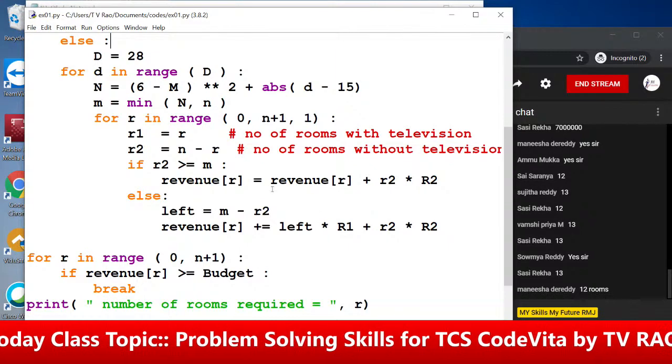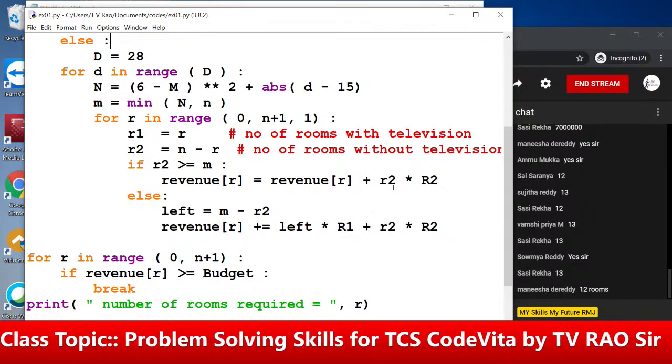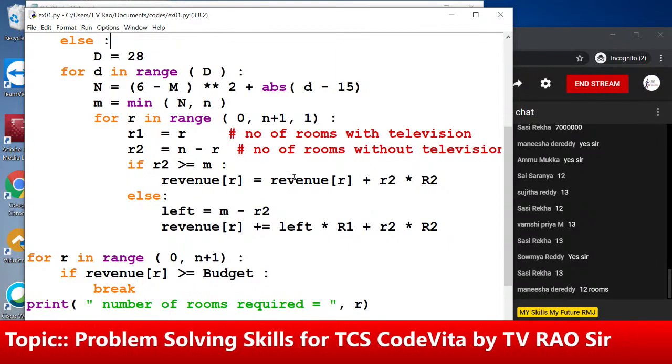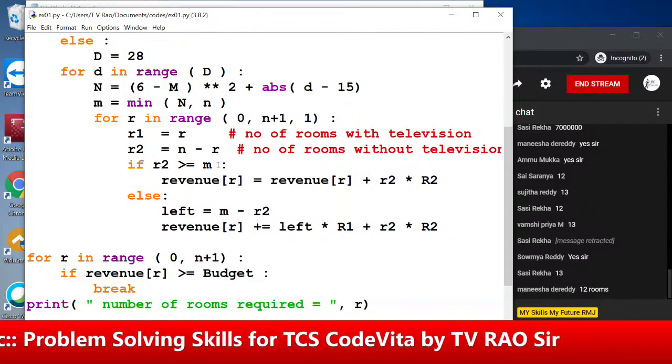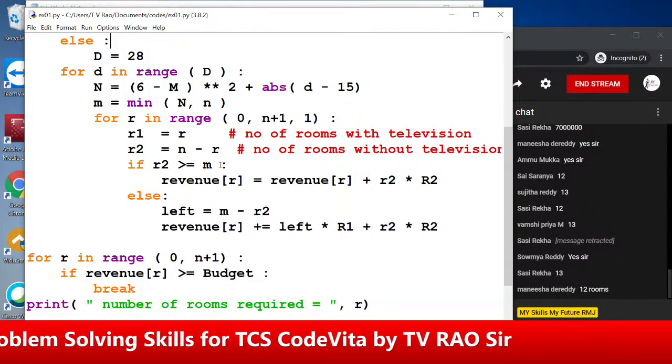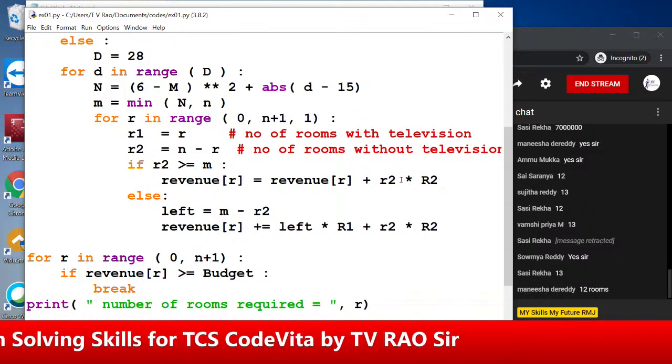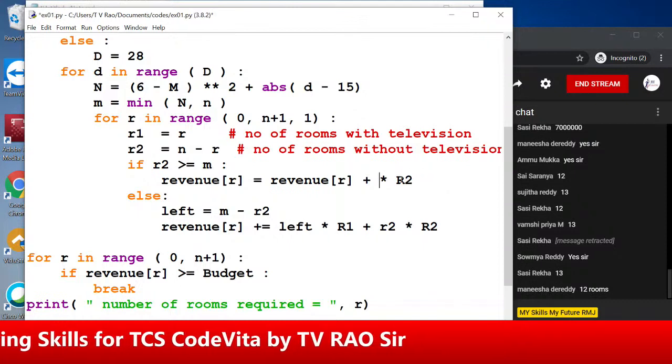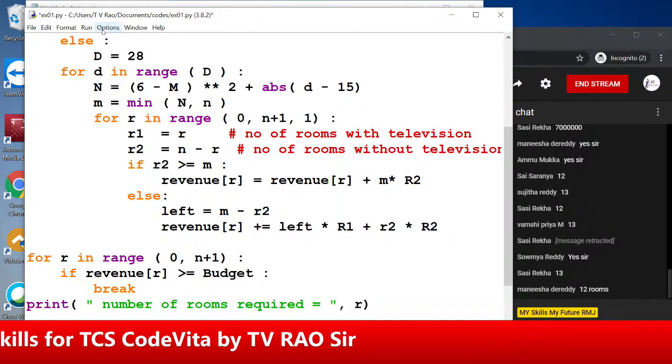If R2 is greater than or equal to M. This is M into R2. I'm sorry, this is M into R2.